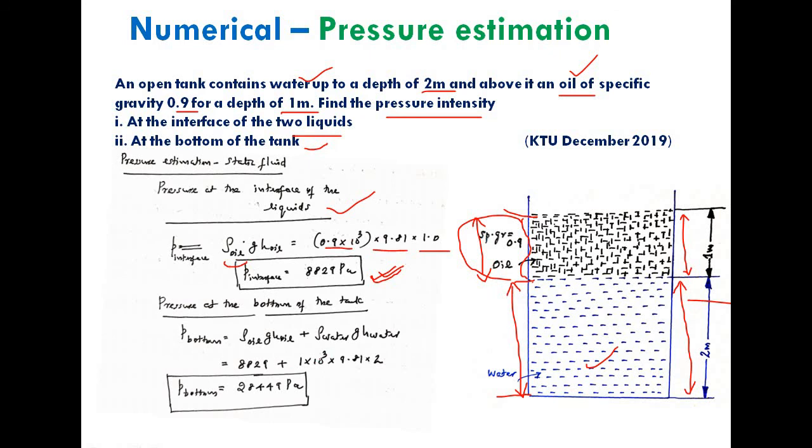It will be rho g h, rho of water into g into h, 2 meters. So if you add these two pressures, due to these two liquid columns, you will get the total pressure at the bottom of the liquid tank as 28,449 pascals or 28,449 Newton per meter square.